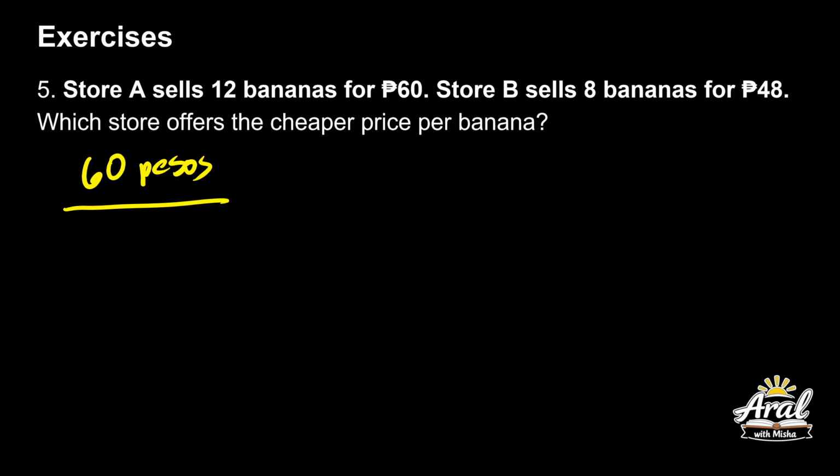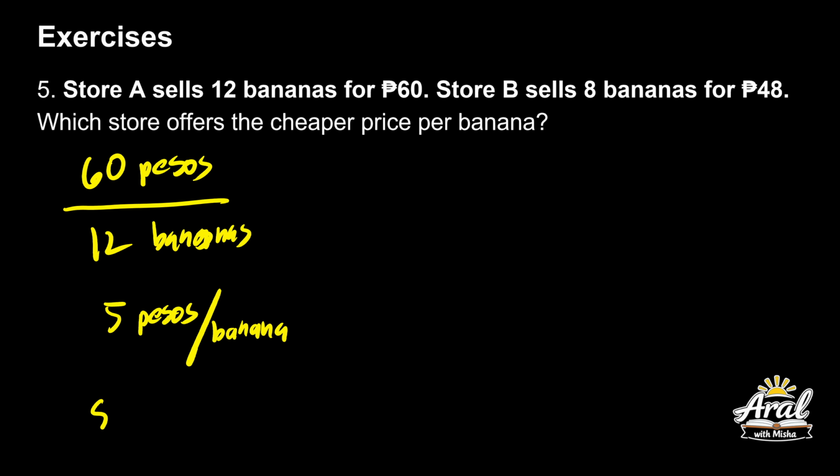Gawin natin per banana. 12 bananas daw. Ito yung Store A. So, 60 divided by 12, that's 5 pesos per banana. This is Store A.